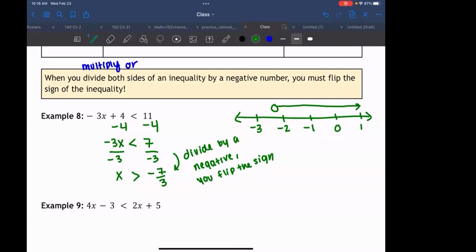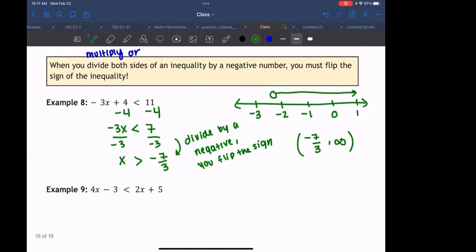We can also write our answer in interval notation. We have -7/3, and the rightmost boundary is infinity. On the left-hand side, do we have a parentheses or a bracket? Parentheses. And what about with the infinity? Parentheses, right? Infinity always gets the parentheses. So we solved our inequality and represented our answer in 3 different ways.